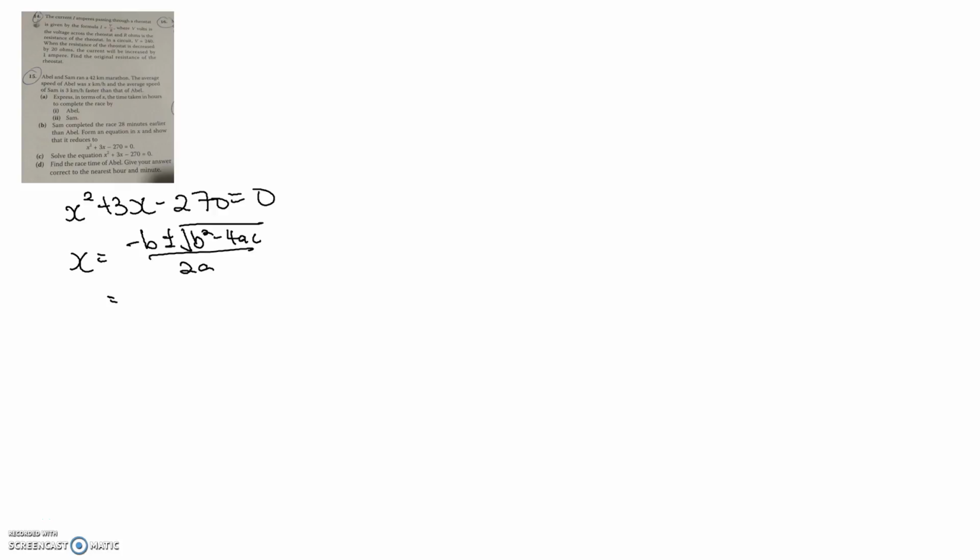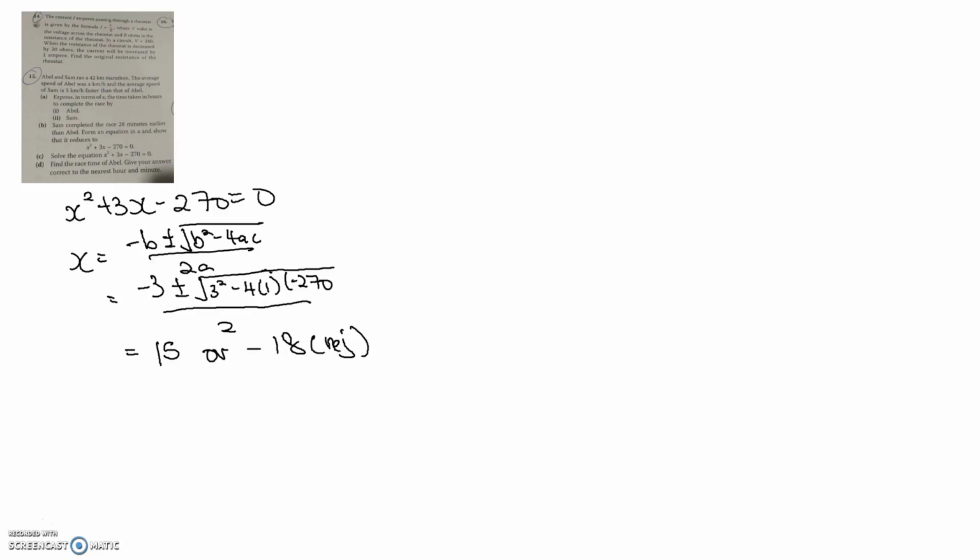So minus 3 plus or minus the square root of 3 squared minus 4ac, which is minus 270, over 2. And then your answer will be 15 or minus 18. We need to reject minus 18 because x is a speed in km per hour, so it cannot be a negative speed, so therefore x equals 15.